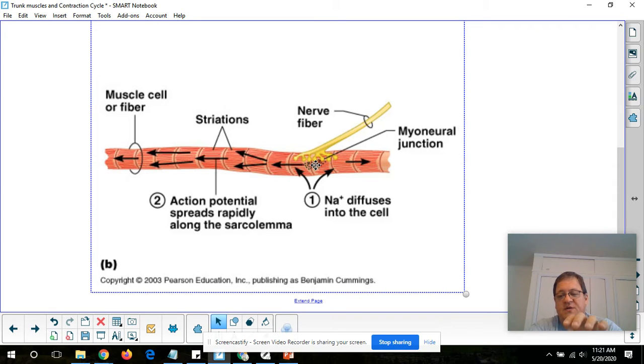And that triggers our sodium-potassium pump. Sodium goes in, potassium comes out. That alters the electrical potential, the action potential spreads down the sarcolemma, and the muscle cells in the motor unit contract. You don't have a nerve for every single sarcomere.